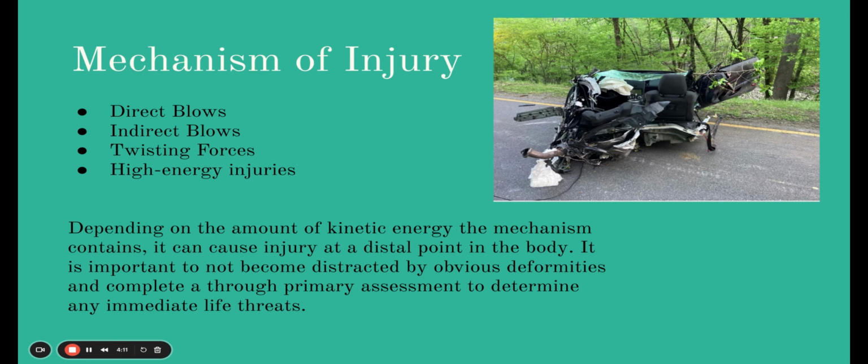Depending on the amount of kinetic energy the mechanism contains, it can cause injury at a distal point in the body, and that would be considered like an indirect blow. If you get hit at one point, but the injury is in a different area of the body, it kind of radiates that energy to a different point, causing a break in a different point than where the initial contact was.